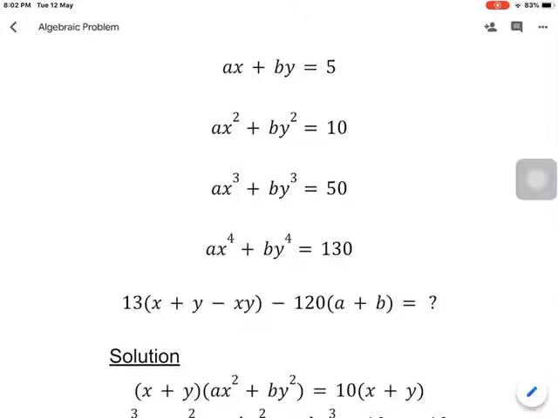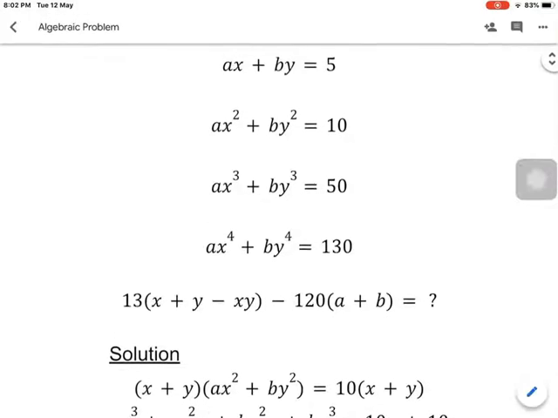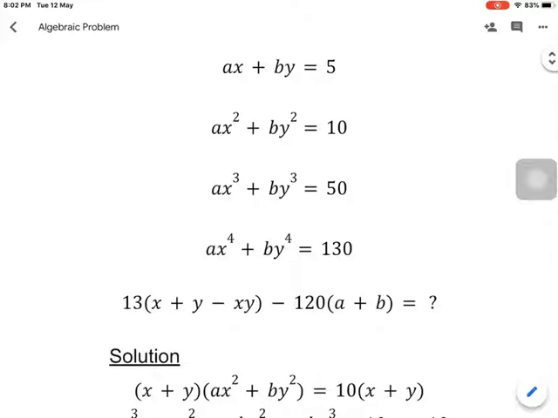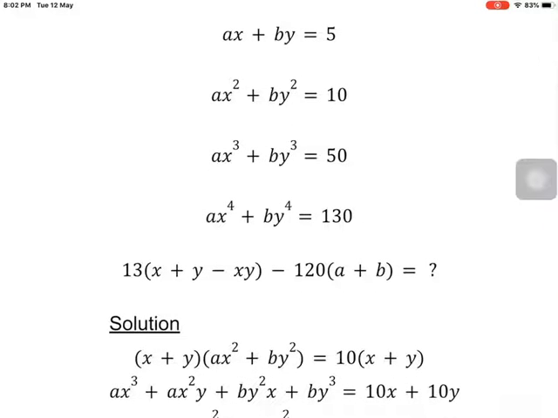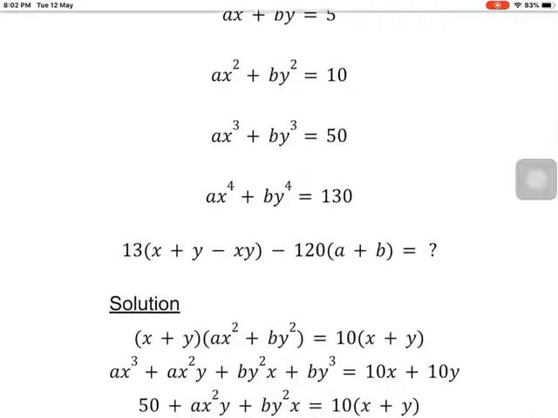multiply the first subject, the sum of x and y, to ax squared plus by squared, the second equation, throughout. So we expand it, it becomes ax cubed plus ax squared y plus by squared x plus by cubed, and that is 10 times (x plus y).